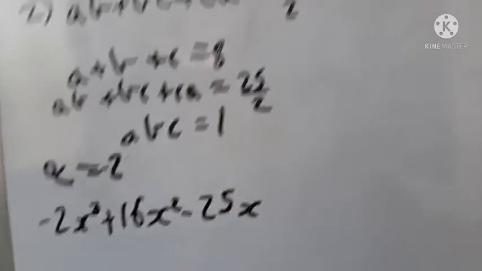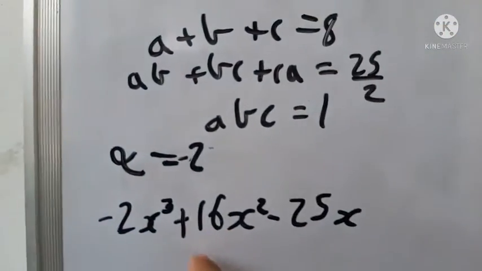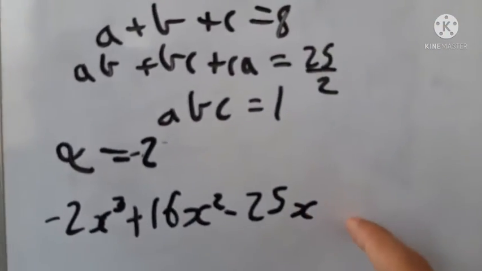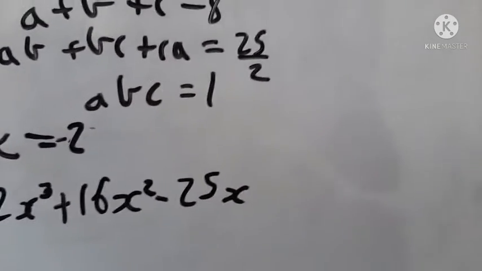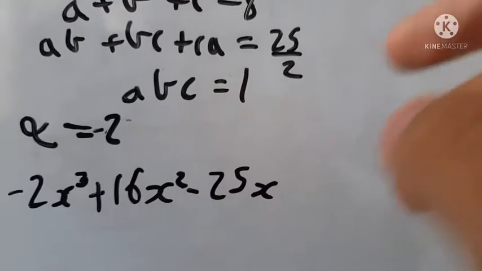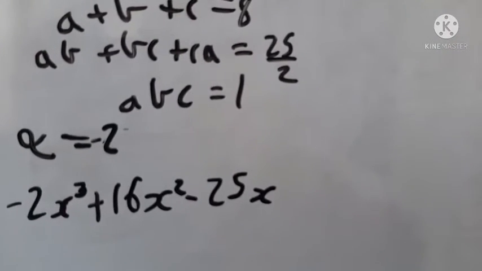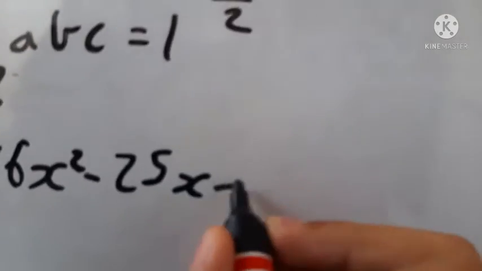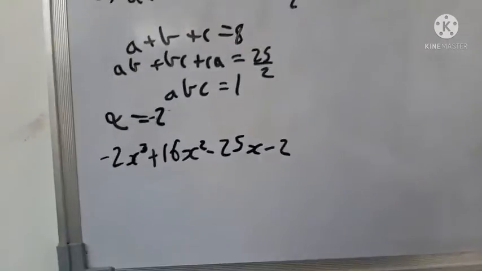Oh wait, no, there should be plus 16x squared, because this is minus b over A. So minus 16 over minus 2, the minus cancels out. Makes sense. And the d part, the constant part, that should be okay. What over minus 2 gives us 1? Minus 2, yeah. So that's the cubic we have for now.